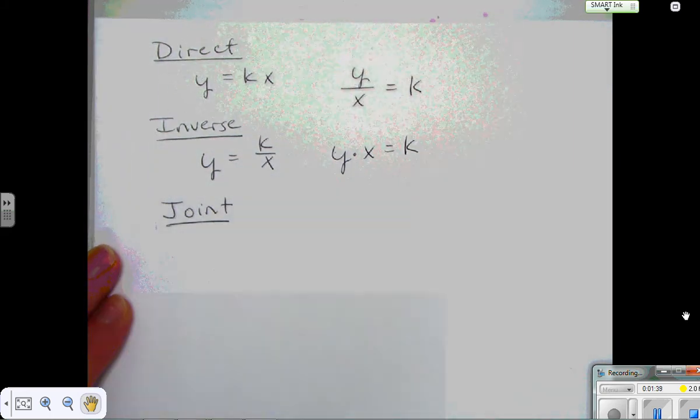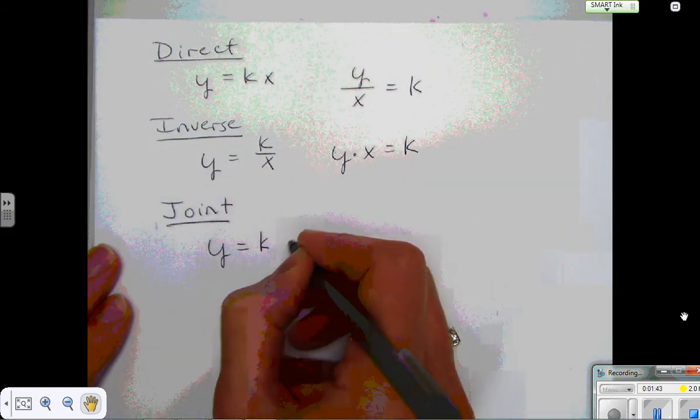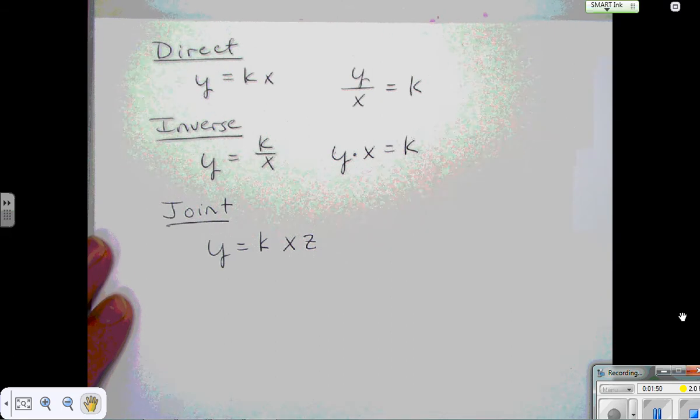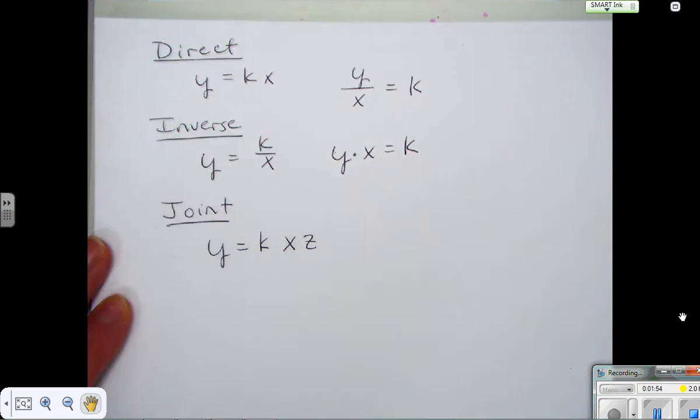That one is in the form of y equals k times x times z. So your constant is multiplied by more than one variable. You actually have 3 variables in a joint variation. And that could be as direct or inverse. Okay, any questions?